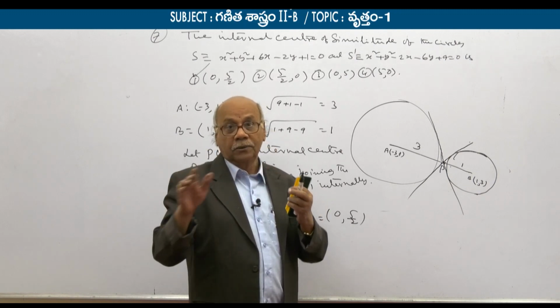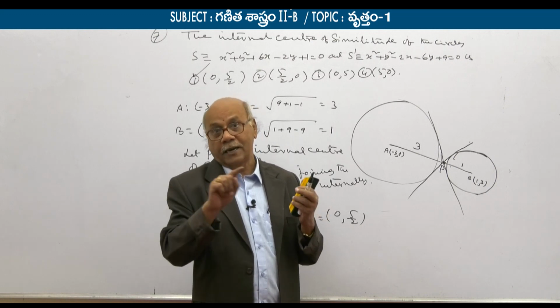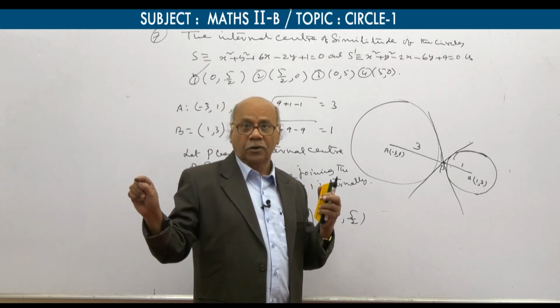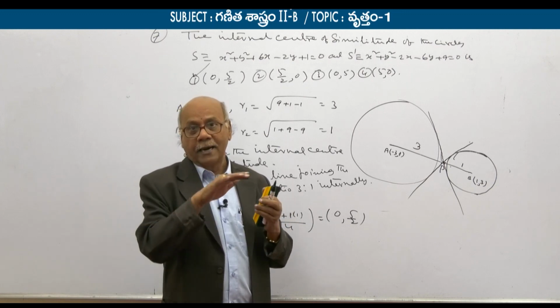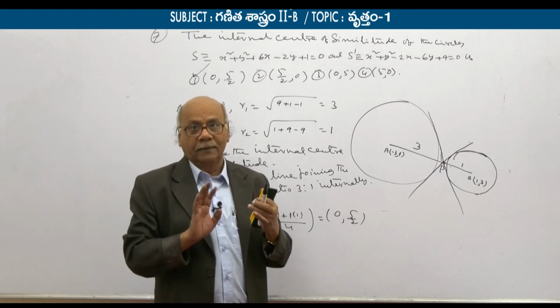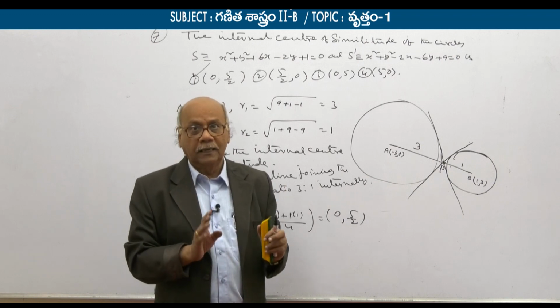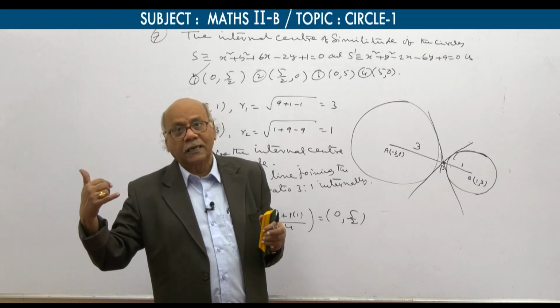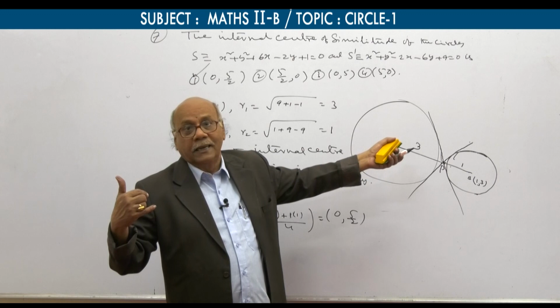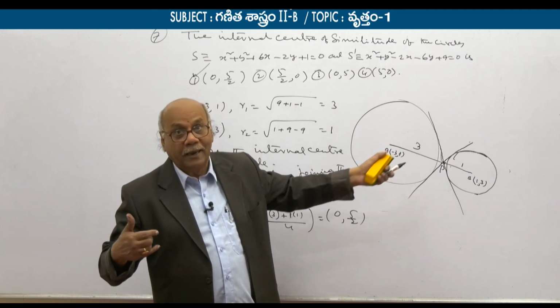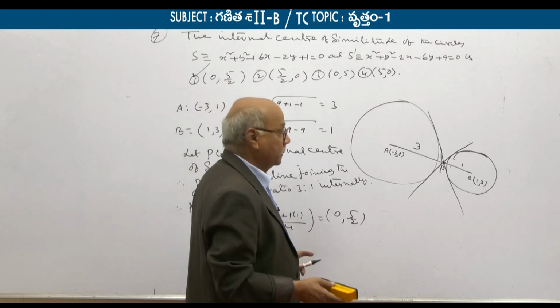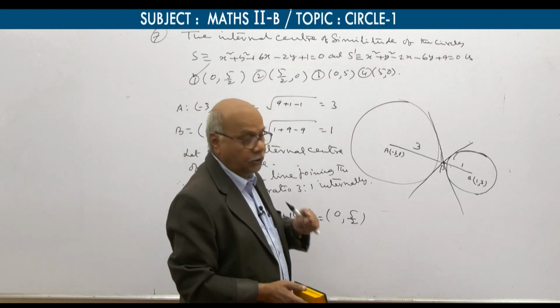And the 2 direct common tangents intersect on the line joining the centers, but at the point which divides the line joining centers externally in the same ratio. That means the external center will divide it in the ratio of 3:-1. That is the external center of similitude.